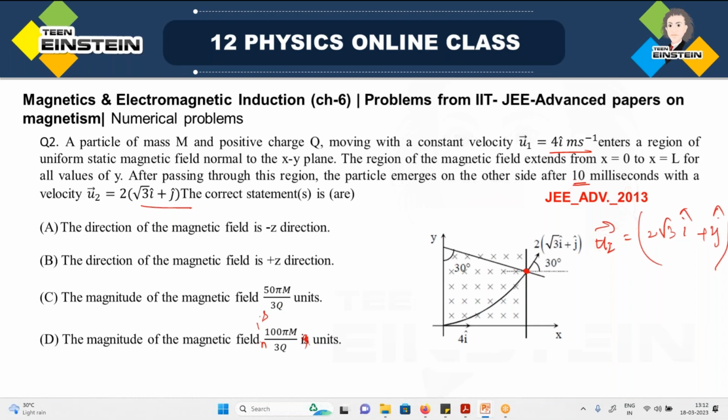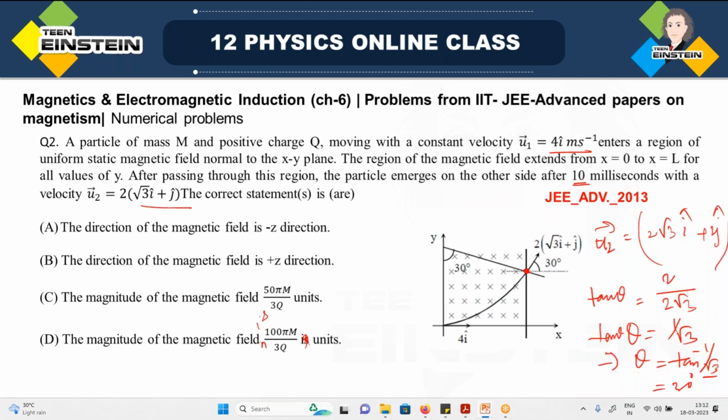That means this velocity is making an angle with the x-axis. How do you find it out? Tan theta is equal to 2 by 2 root 3, so this is 1 by root 3. Tan theta is equal to 1 by root 3, which implies theta is equal to tan inverse of 1 by root 3, which is actually 30 degrees.